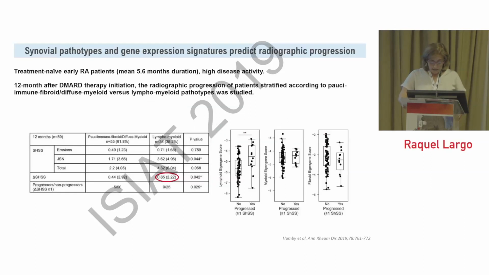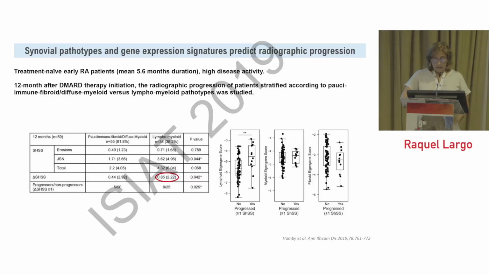In this work, the same group studied the evolution of the radiographic progression of these patients 12 months after therapy initiation, and they observed that the higher progressors were those described at baseline as lymphomyeloid patients, both by histology technique and also in the gene expression studies.